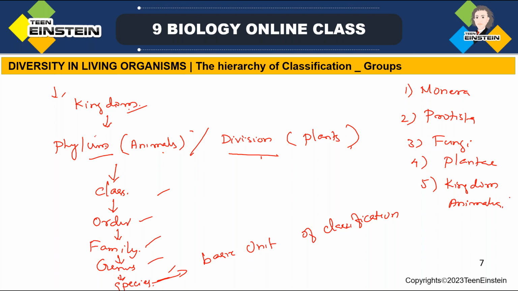These are the five main kingdoms proposed by Whittaker. And later Carl Woese introduced one new classification: Kingdom Monera is divided into Archaebacteria and Eubacteria. So that classification was brought about by whom? Carl Woese. Okay.